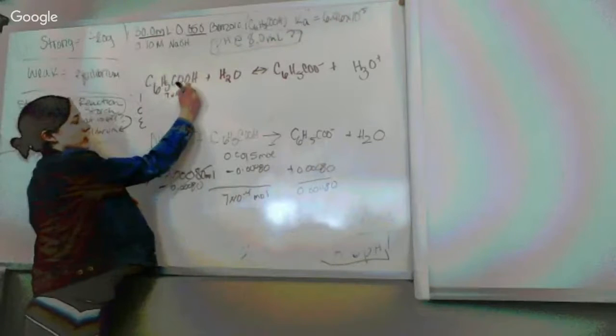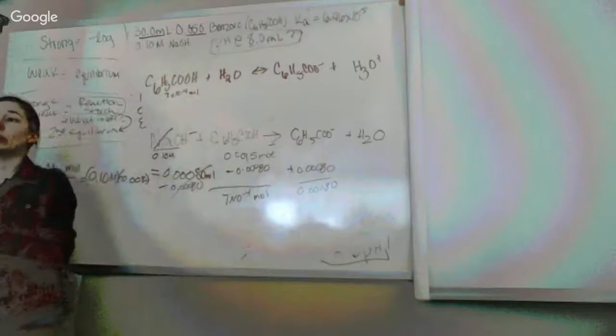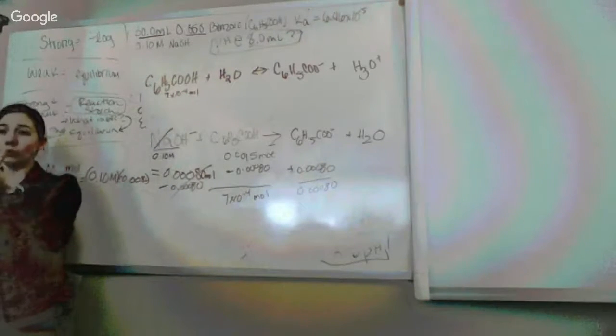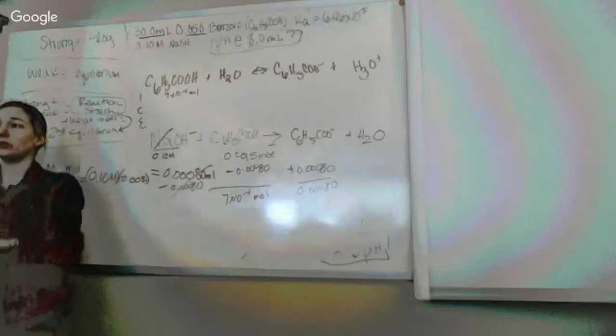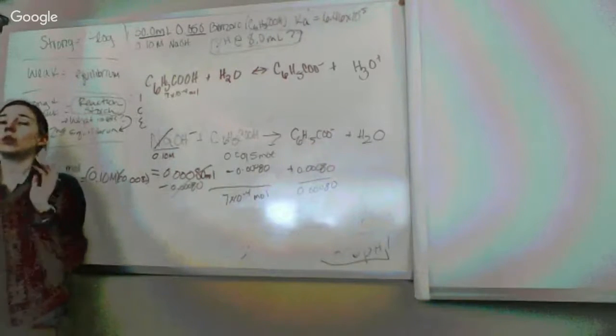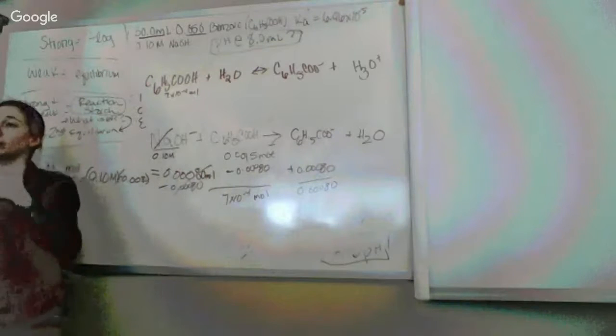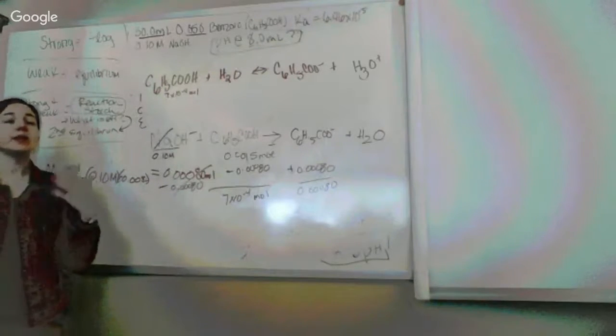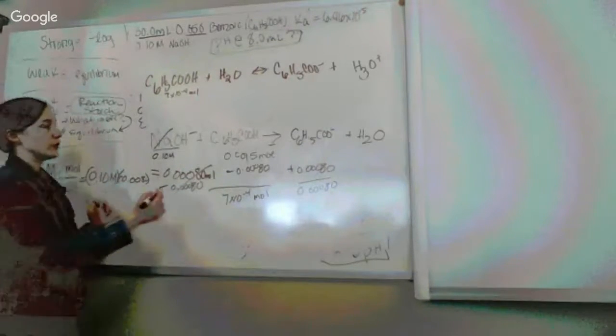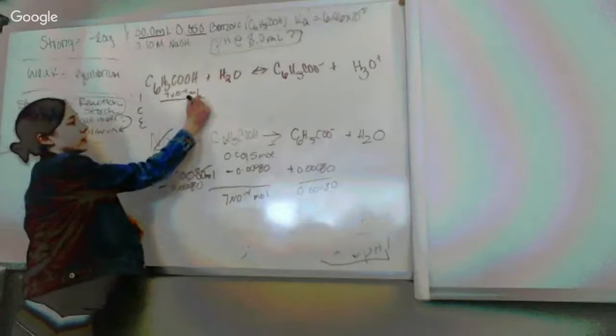Okay, so let's talk about that for a second, because that number is in moles. When we're looking at equilibrium, are we only looking at moles, or now do we need to include the whole solution? The whole solution, because remember, everything plays a role in equilibrium. It can shift it left or right. So now I have to consider my volume.